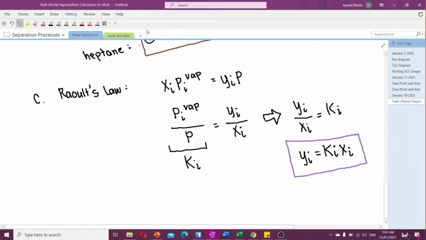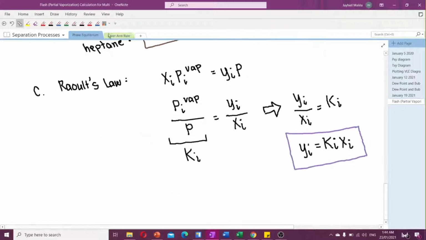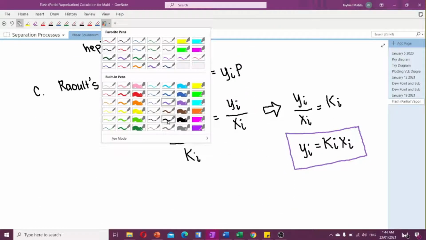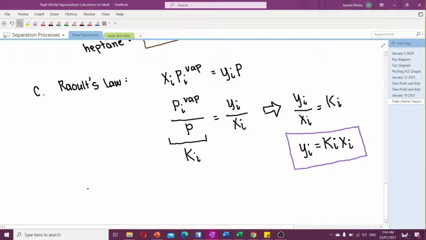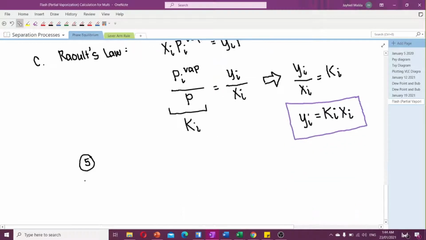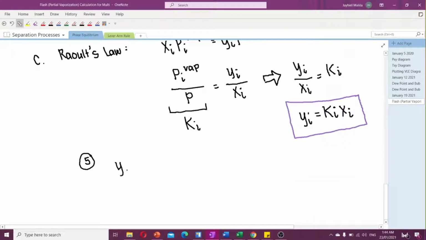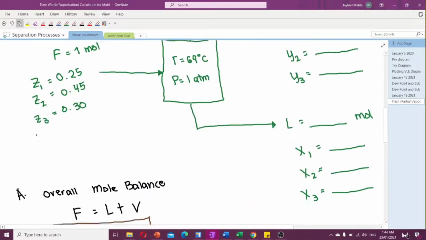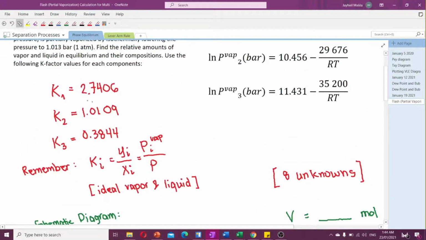So we're going to establish the fifth, sixth, and seventh equations. For equation number 5, of course, we are going to use pentane. Am I correct? Yes. So we have y1 equals K1. The value of your K1 is written above.